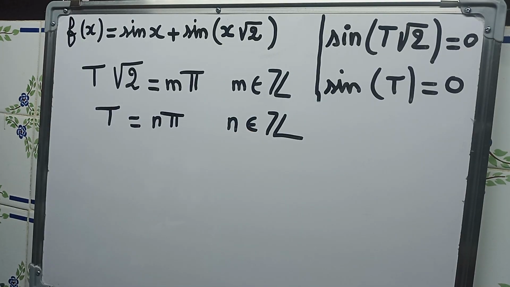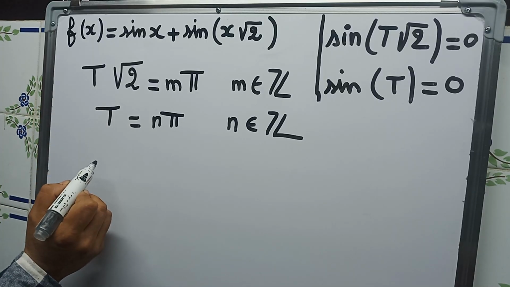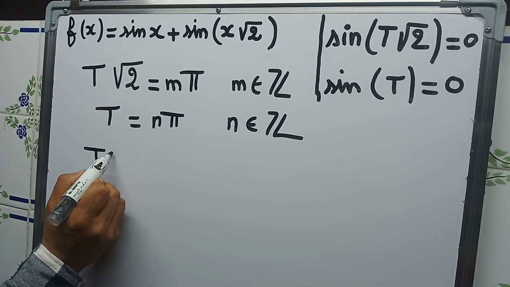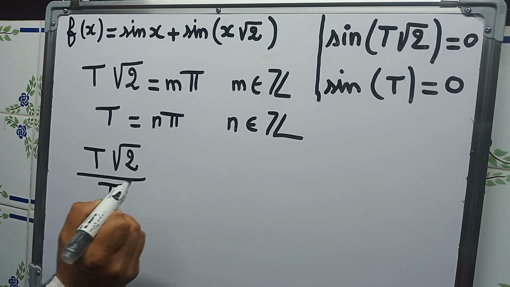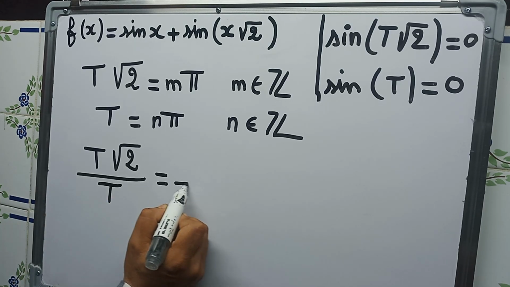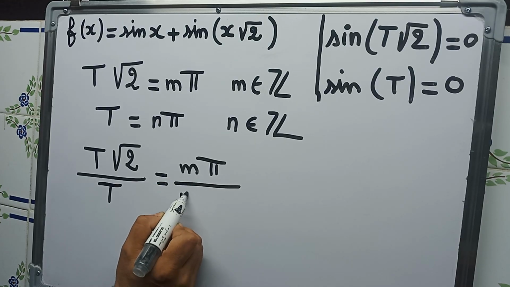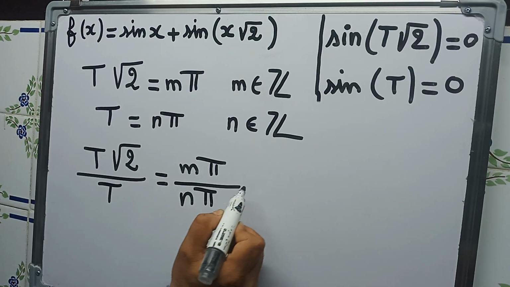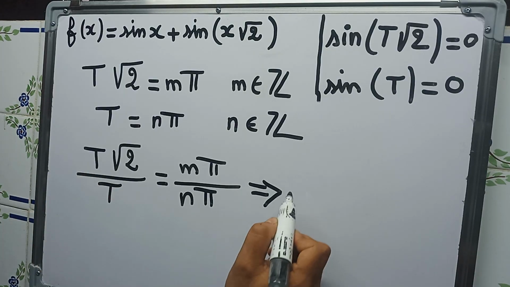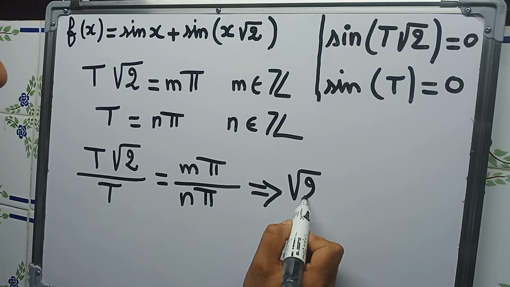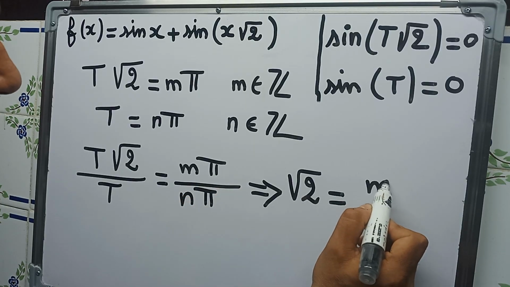And now dividing here, and cancelling t, we will have t square root of 2 over t is equal to m pi over n pi. Of course, here cancelling t, we will have square root of 2 is equal to, and here cancelling pi, m over n.